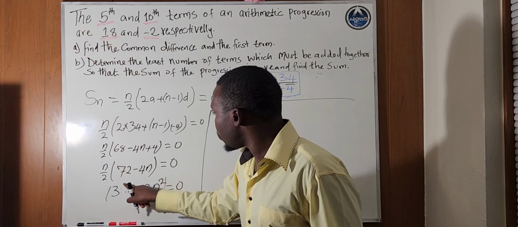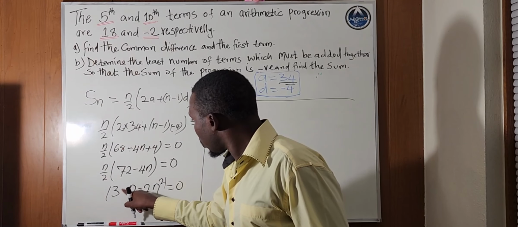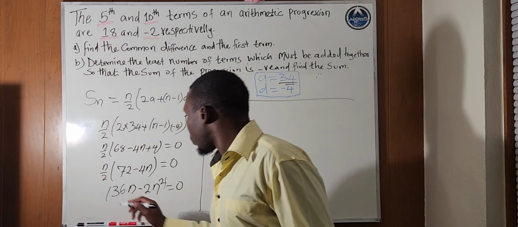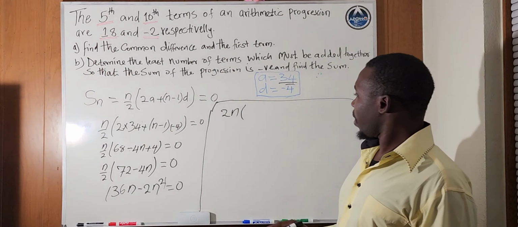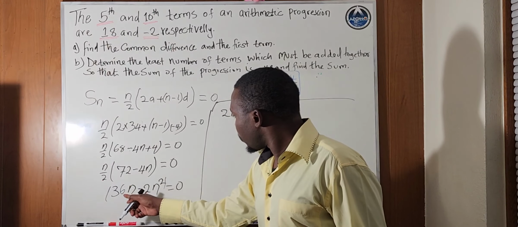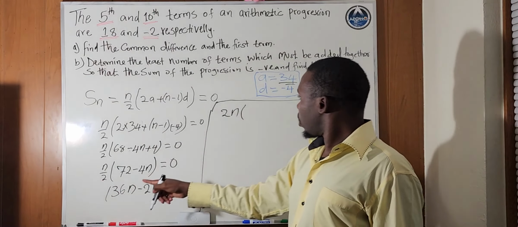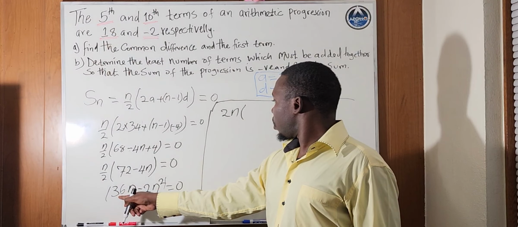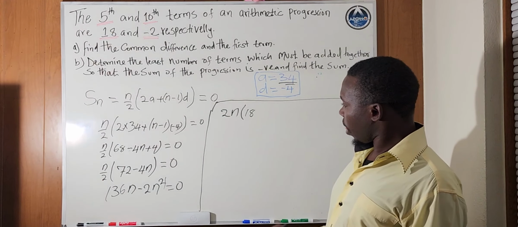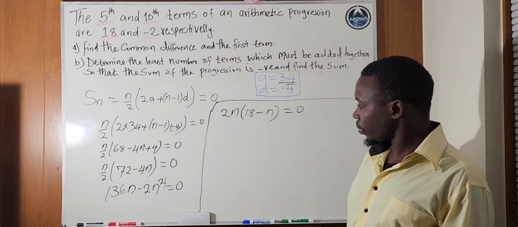If you factor out 2, it will give you 2n into 18 minus n equals 0.